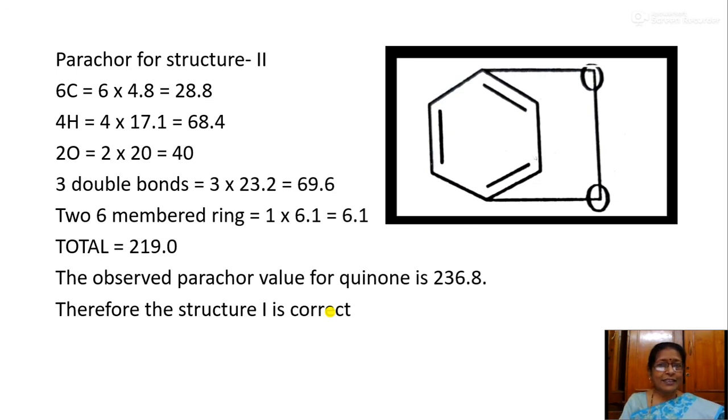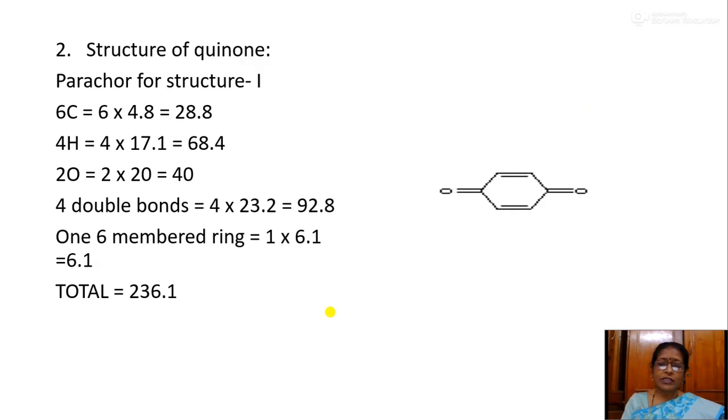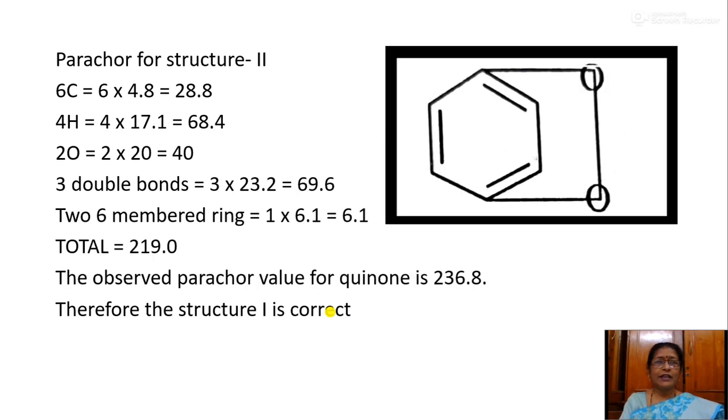But you can't write the structure of the quinone like this as shown in the second structure. This structure is invalid, whereas the above structure, structure 1, the quinone structure can be written like this. So this is the comparison between the two quinone structures. It has been studied under the parachor.